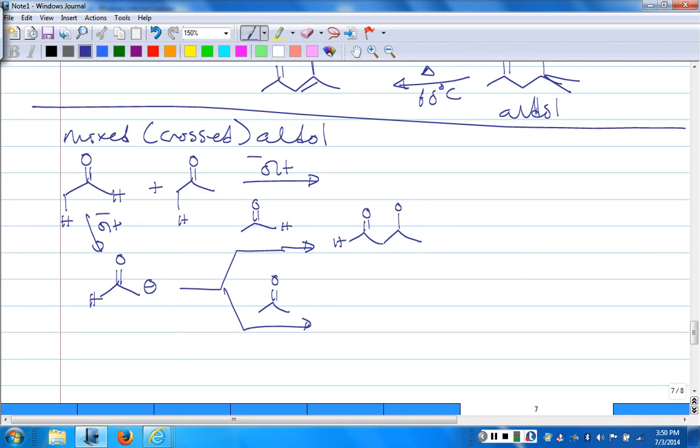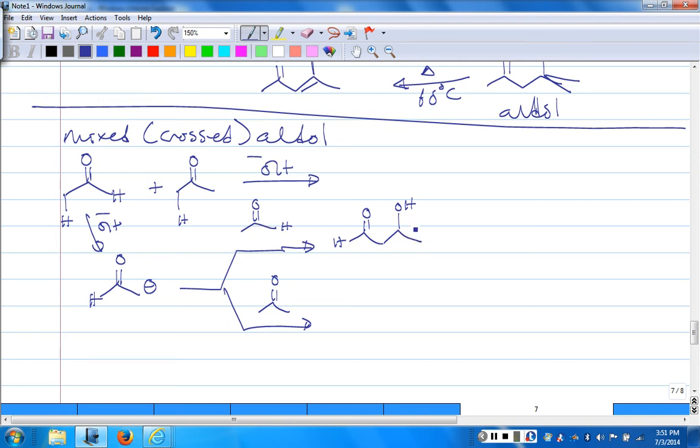Because the alkoxide will pick up a proton and make the OH. So I have H, carbon-carbon, H, carbon-carbon. This carbon is the one that used to be the carbonyl of the aldehyde. There is an H understood here, and this methyl is here.